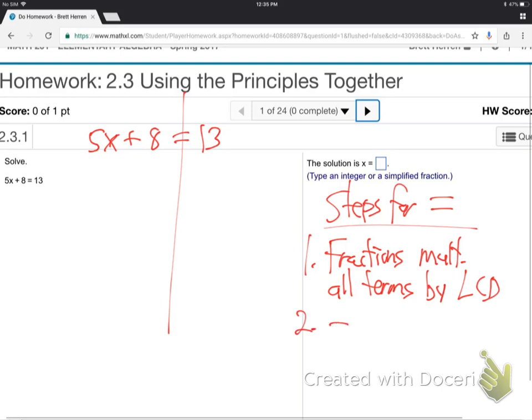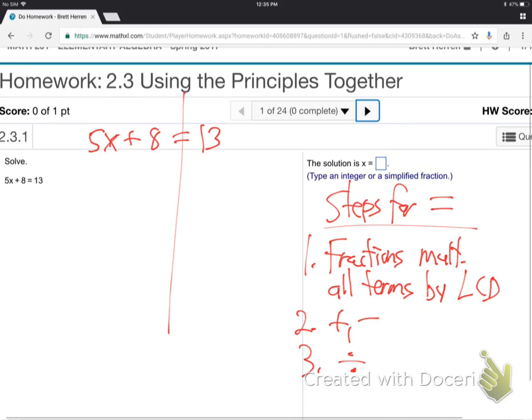Step two, do your adding, subtracting. Last step, divide. So that's an order to help you. We don't have fractions yet, but in a minute there's going to be fractions. So here are the steps that will help do this.